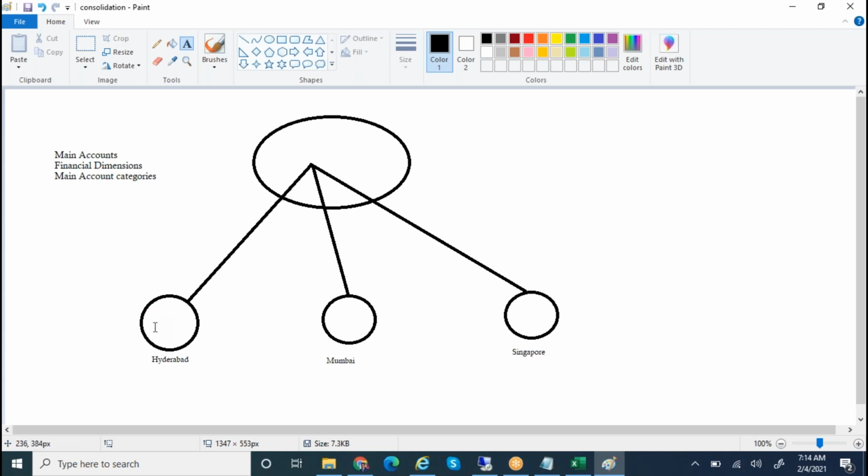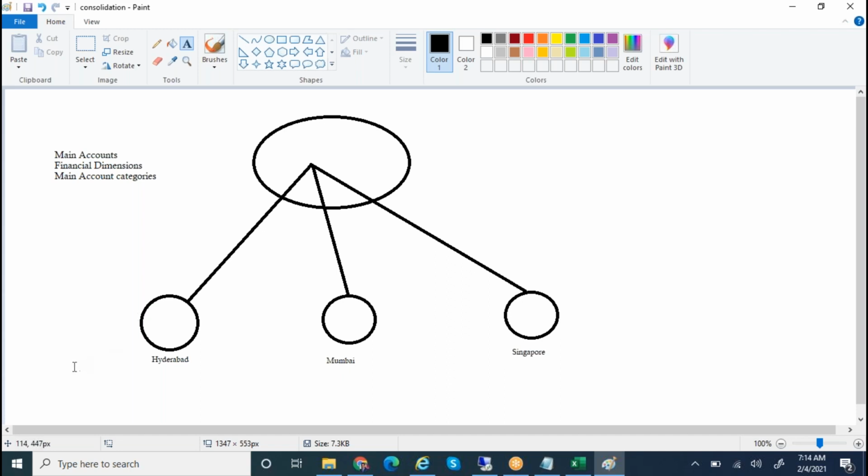For example, travel expenditure here, travel expenditure here, travel expenditure here. I want to combine all these three companies' travel expenditure here. Yes, I can see. Flight expenses here, flight expenses here, flight expenses here. All together I can combine and see the total flight expenses.